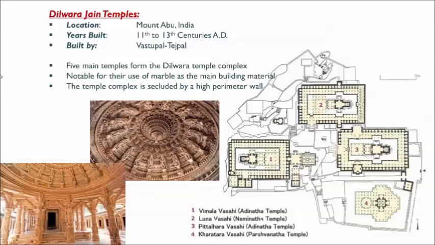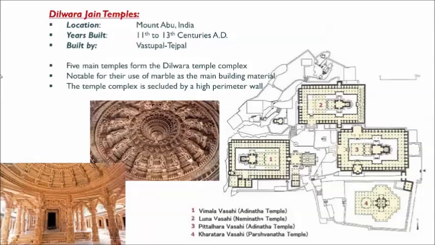Some other elements we see inside, it's not just the exterior that has repeating elements. You see these very elaborate, intricate carvings, and they're extremely elaborate in their use of marble.